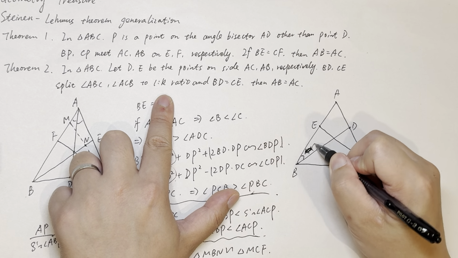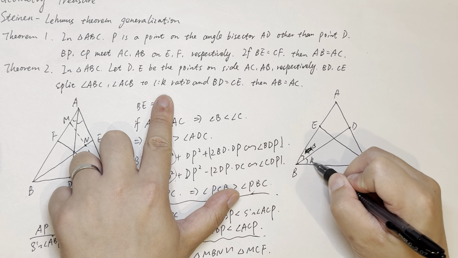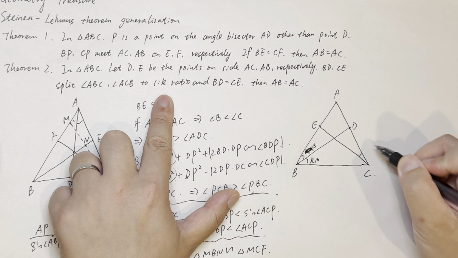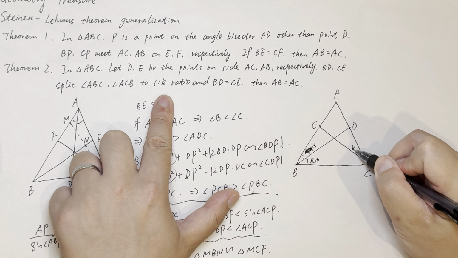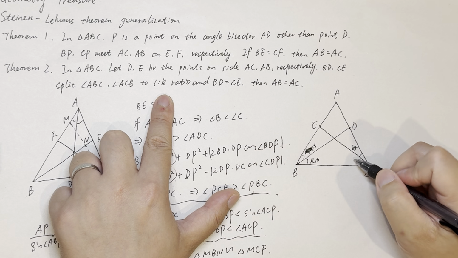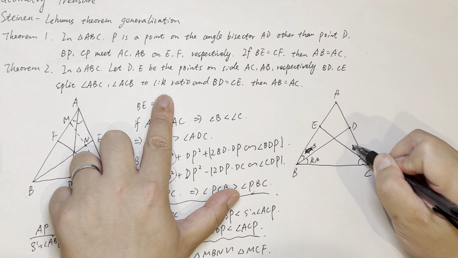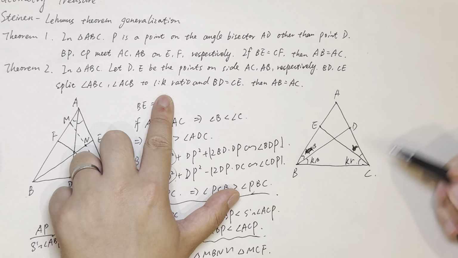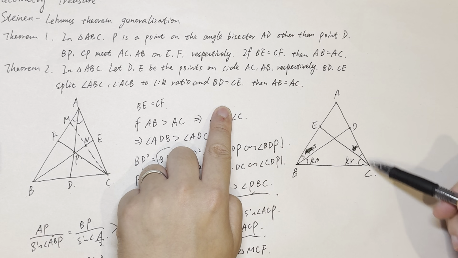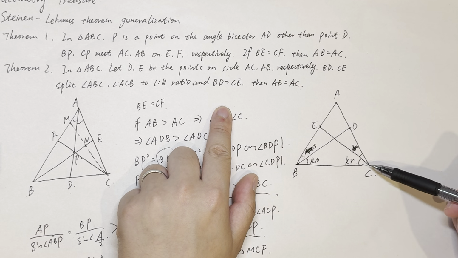Here is K beta and this one is beta; for here, this one is K gamma and this one is gamma. And we know that BD equals CE, we want to prove that AB equals AC.